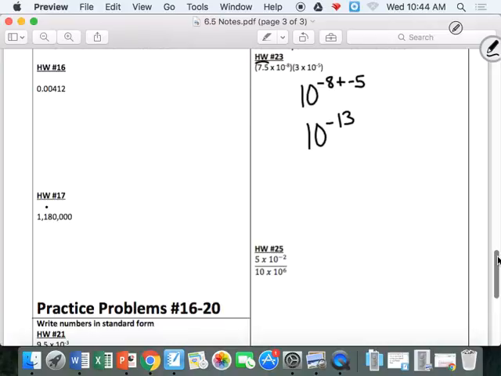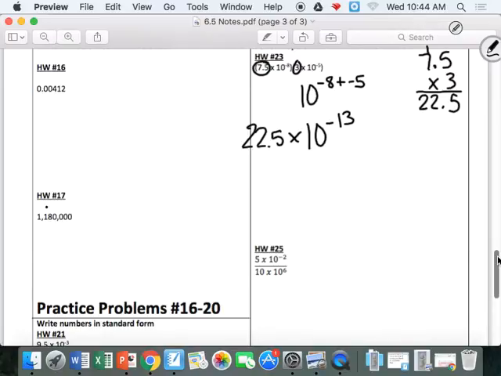Now these numbers, these coefficients, I can just multiply. So we need to do 7.5 times 3, which is 22.5. So this is 22.5 times 10 to the negative 13. I believe on MyMathLab they're going to ask you to write the answer in standard form. So what do I need to do?